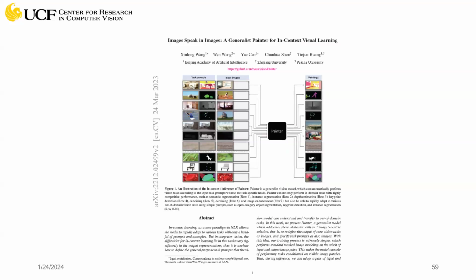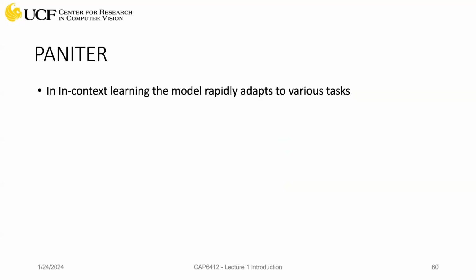So let's look at this paper called Painter. This is also very interesting. It is like in-context learning. So you have some context and you can rapidly adapt a model to many different tasks.